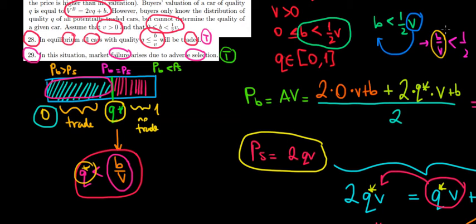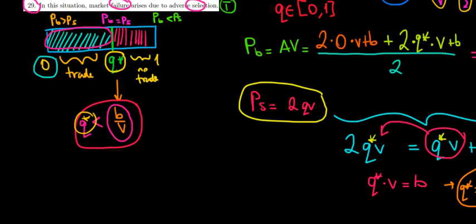So if the equilibrium quality is less than 1 over 2, then we are trading cars on the market without the test. Let's write it over here like that. So if the quality is less than 1 over 2, then we trade cars without the test.